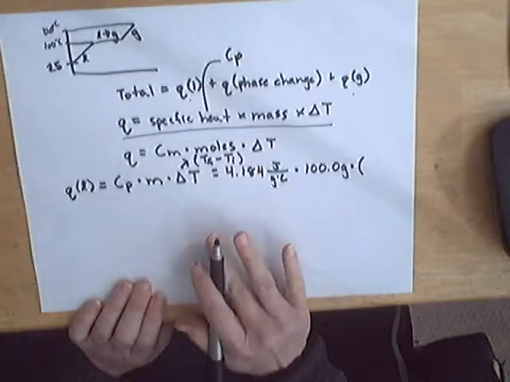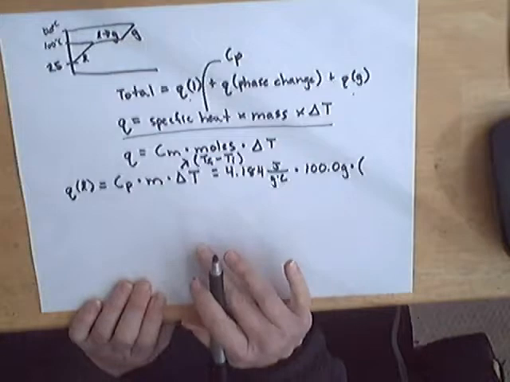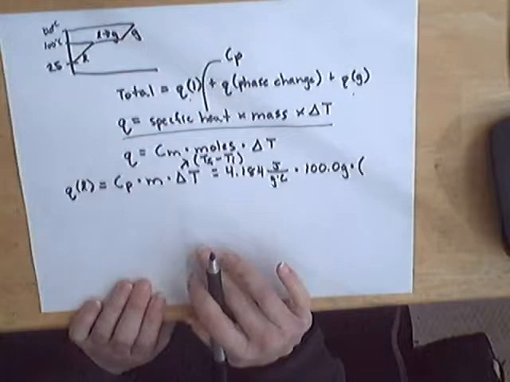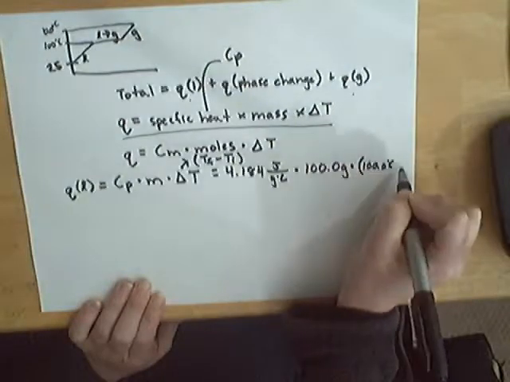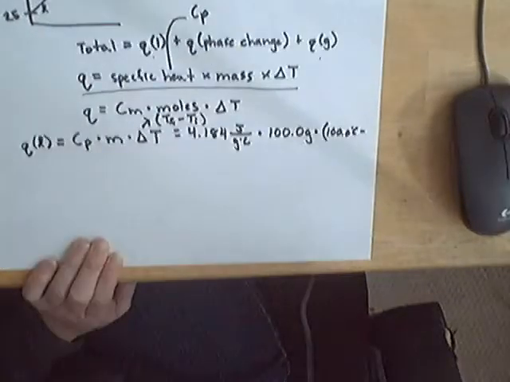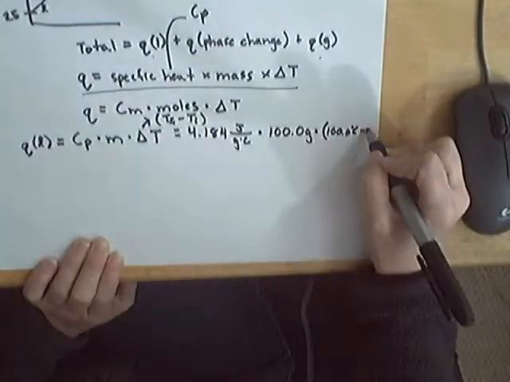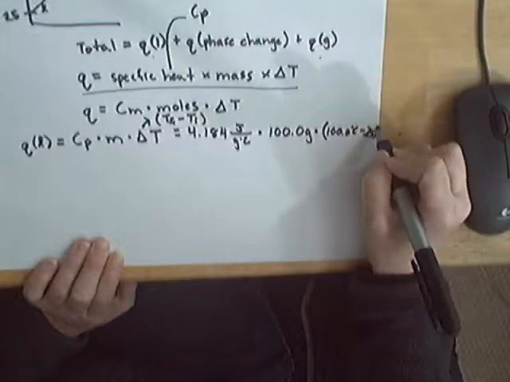A lot of people get confused with problems like this because they want to call 120 degrees the final temperature. But 120 degrees is not the final temperature of the liquid here. After 100 degrees Celsius, you don't have liquid water anymore. So the final temperature of the liquid water is 100 degrees Celsius. The initial temperature of the liquid water in this problem was 25 degrees Celsius.